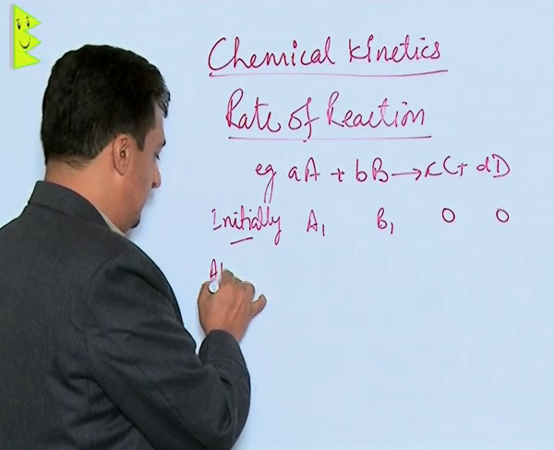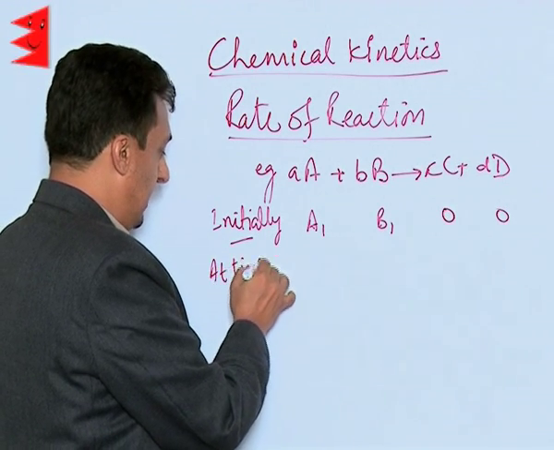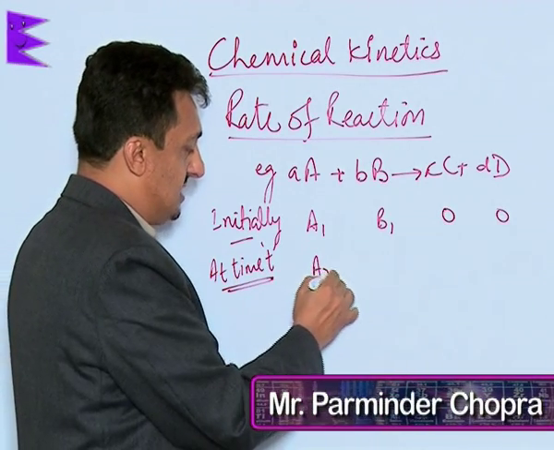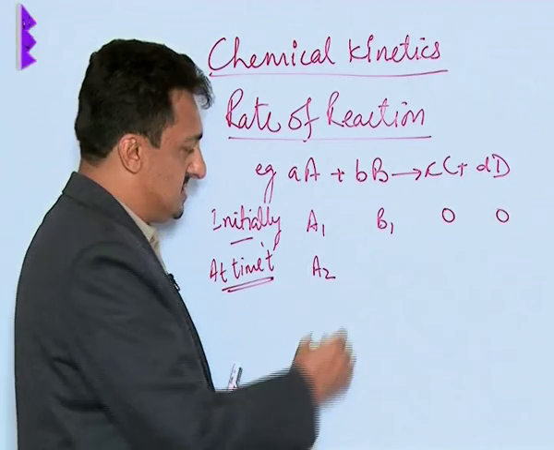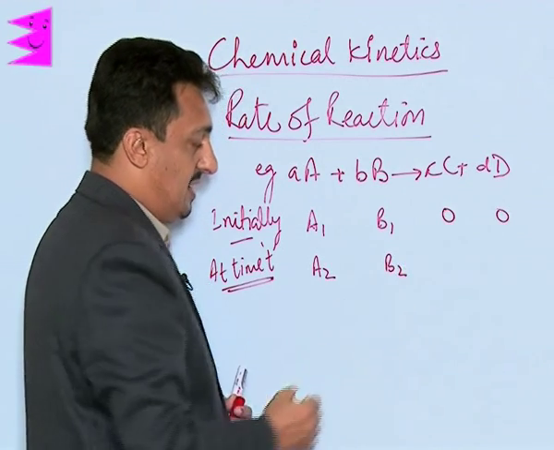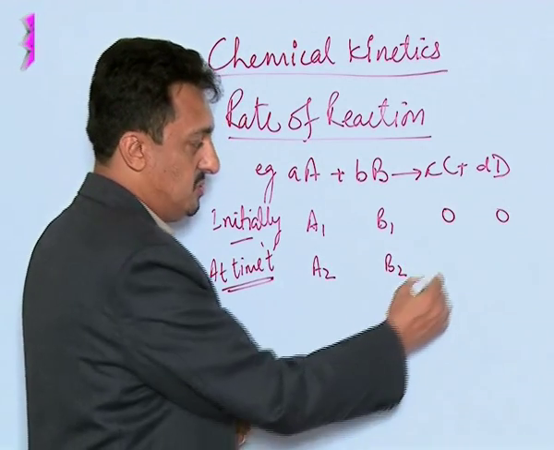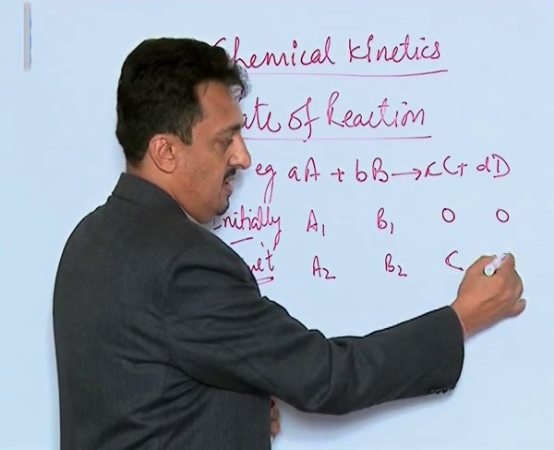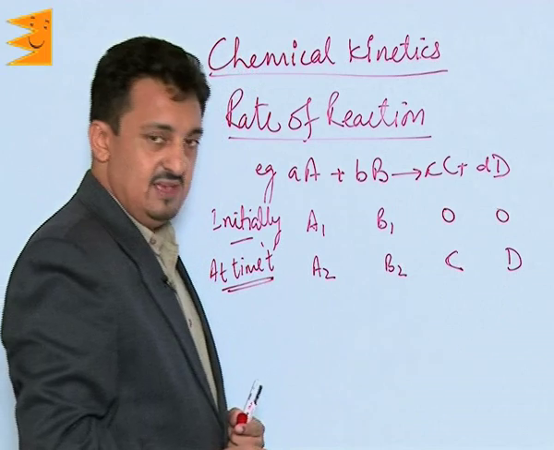Now at time t, let the concentration of the reactant A be A2, the concentration of reactant B be B2, and let this one be C and this one be D.